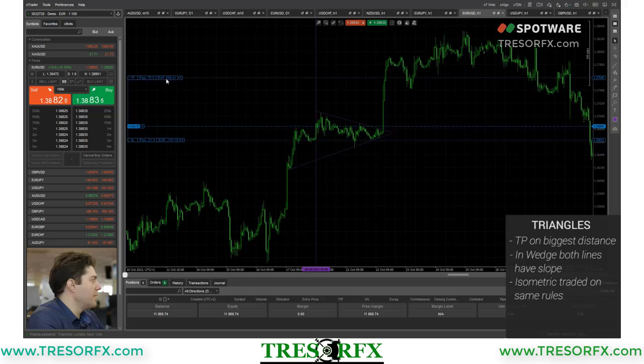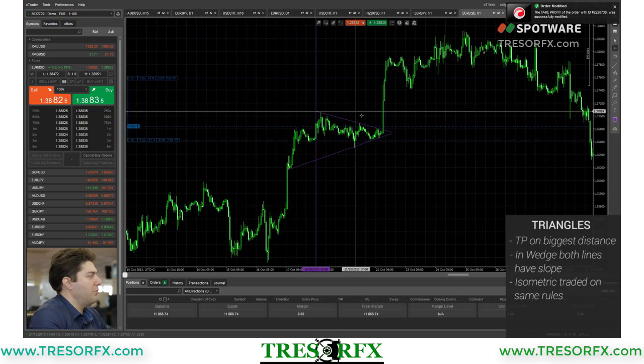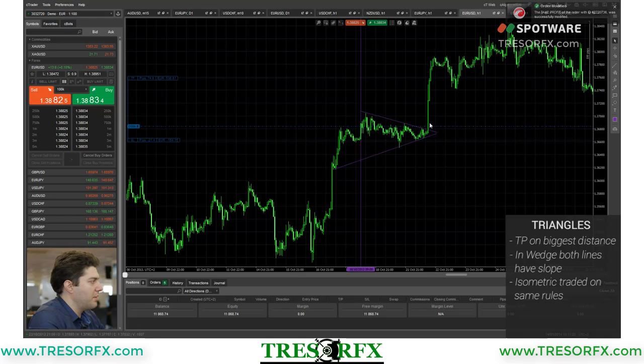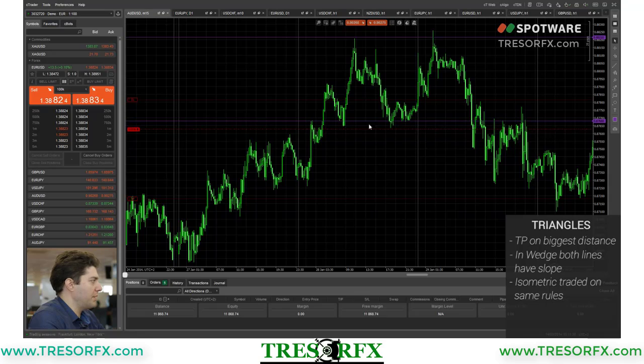You see that with these continuation patterns, because we already have a trend moving, the break is very powerful. It's not like the reversal patterns, where there is almost always a retest of the resistance. The reason why there is always a retest, like we've shown here, for example, is because this is a reversal pattern.